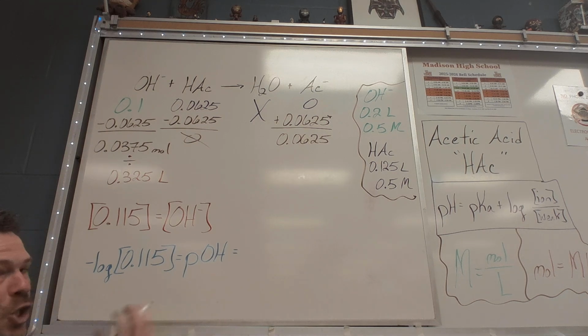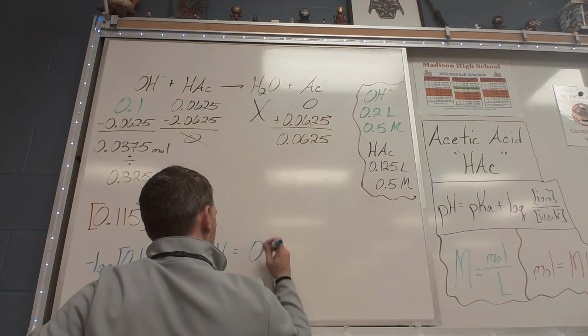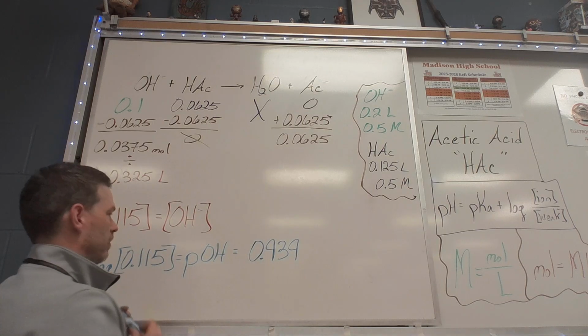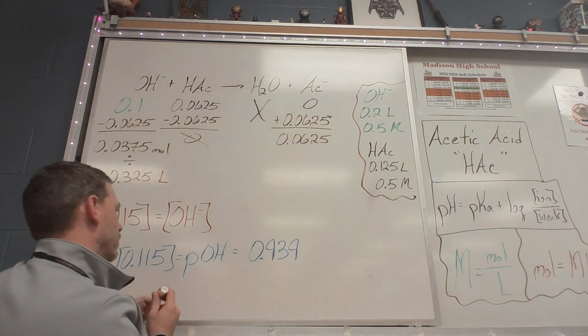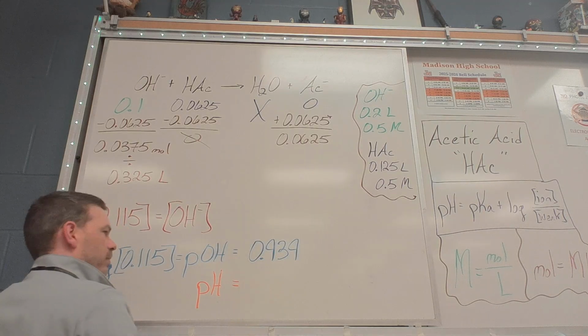I get a POH based off hydroxide of 0.939. Now we can find an answer.